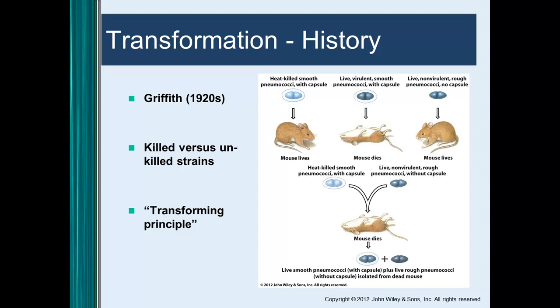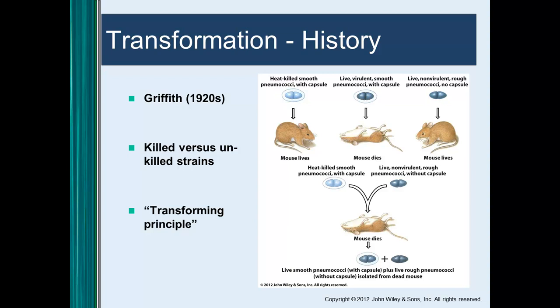Now, what made his experiment really interesting is that in a fourth group, he injected a mixture of live R-type or rough type colonies with heat-killed smooth type colonies. Those are the ones that had capsules but had been killed.